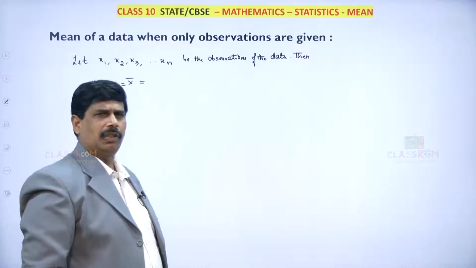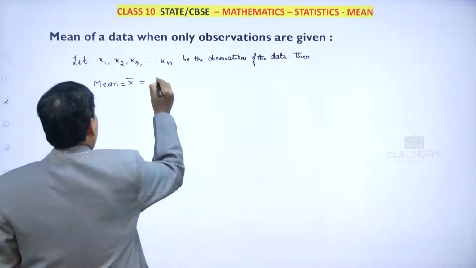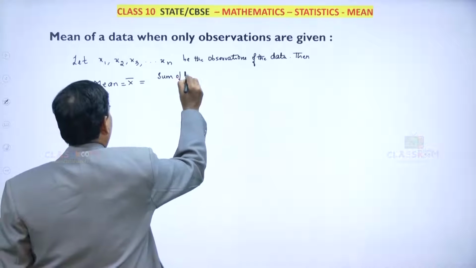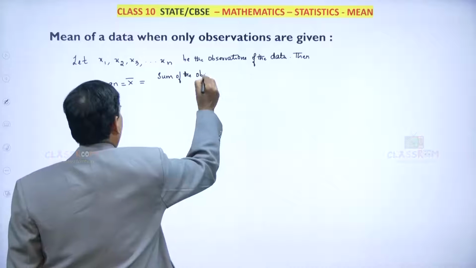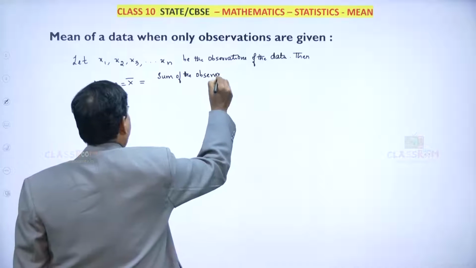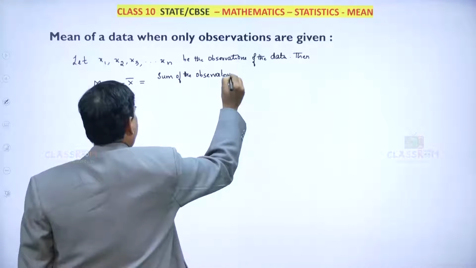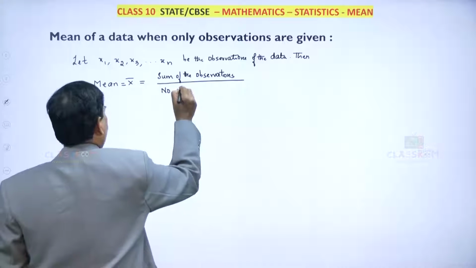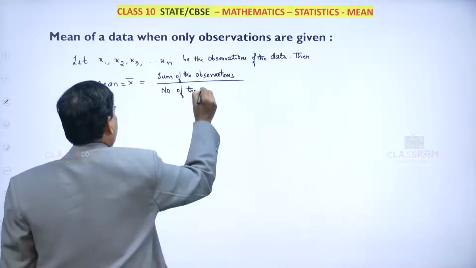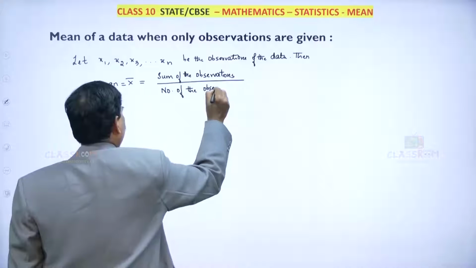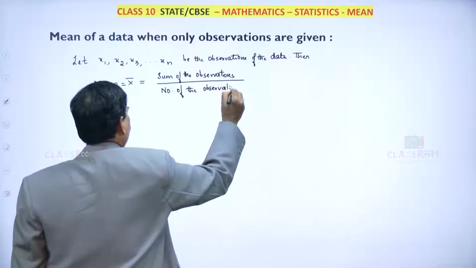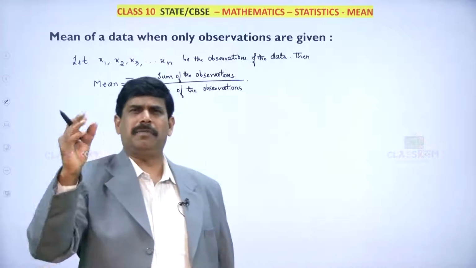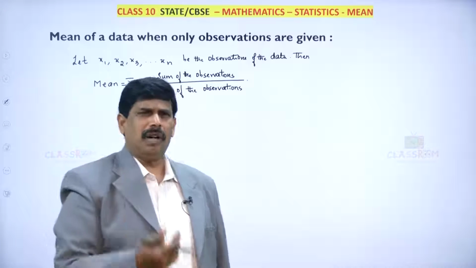Mean x bar is equal to sum of the observations by number of observations.